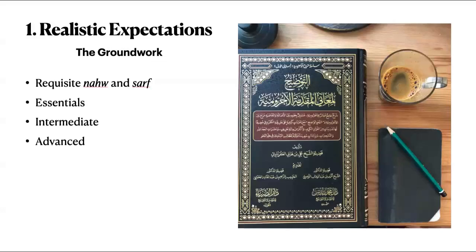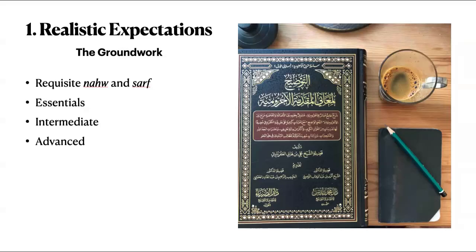So what does it mean to lay the groundwork? It means to have studied the appropriate grammar, because all of commentary literature, tafsir, requires you to have some grammar and morphology down.